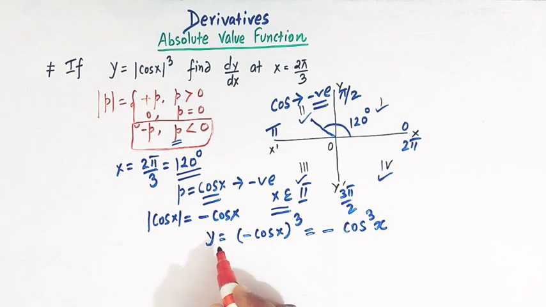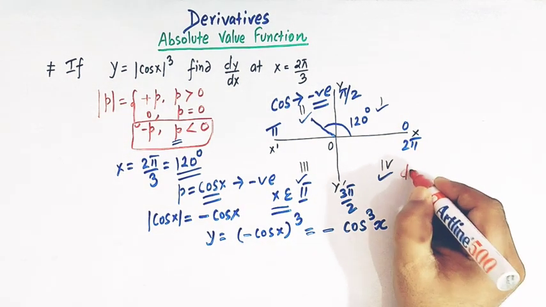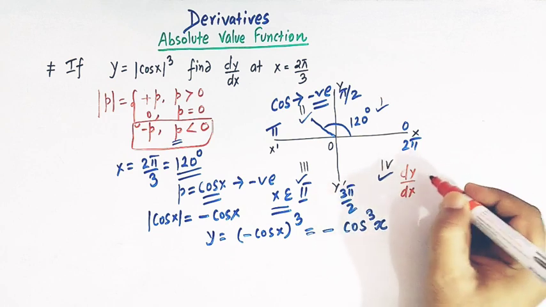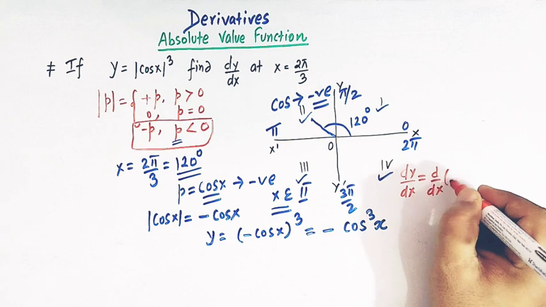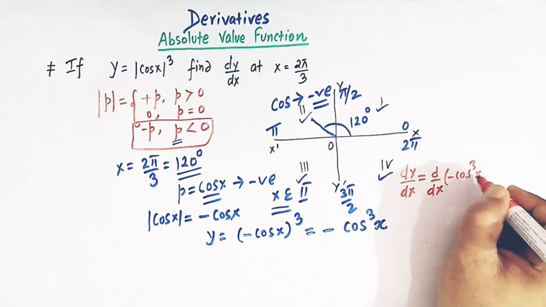So now let us differentiate y with respect to x. It means we have to find the derivative of negative of cos cube x.